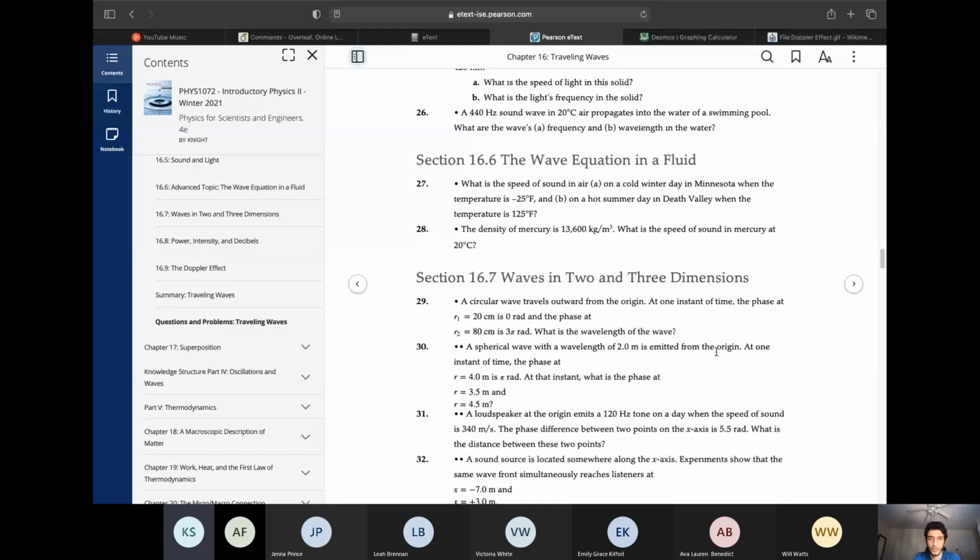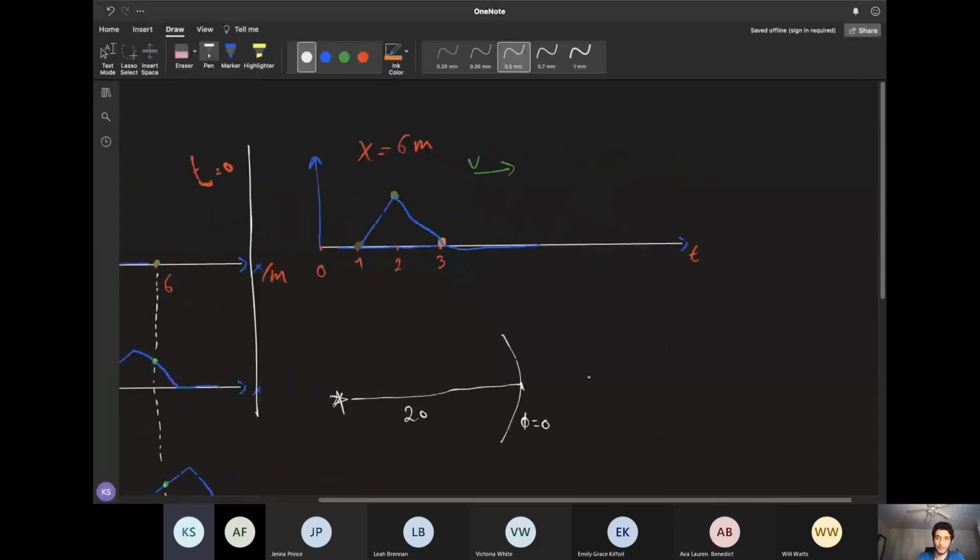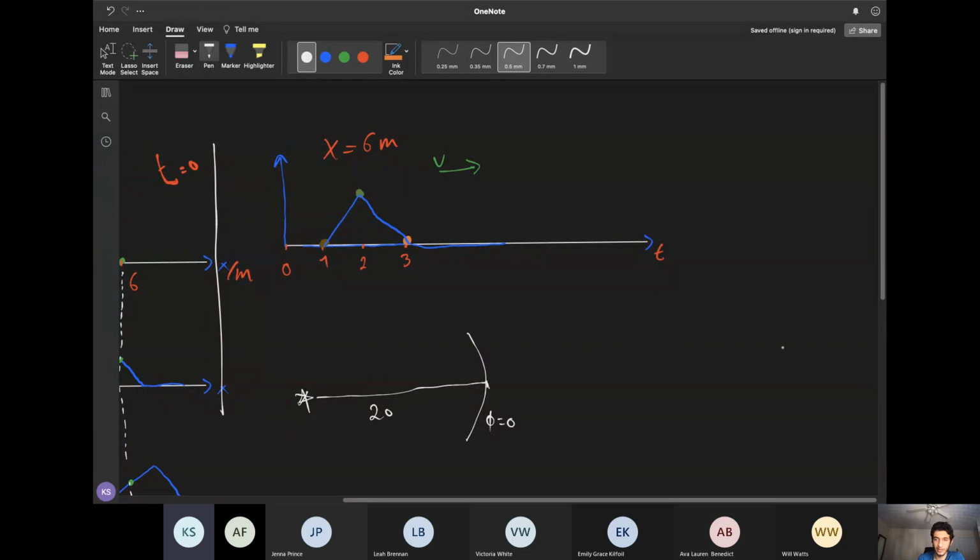And then at 80, it's another 60. So here the phase is equal to 3 pi.